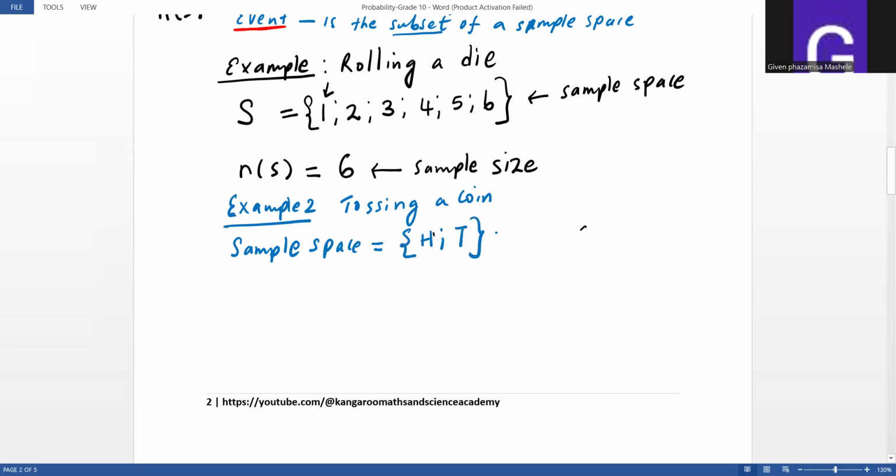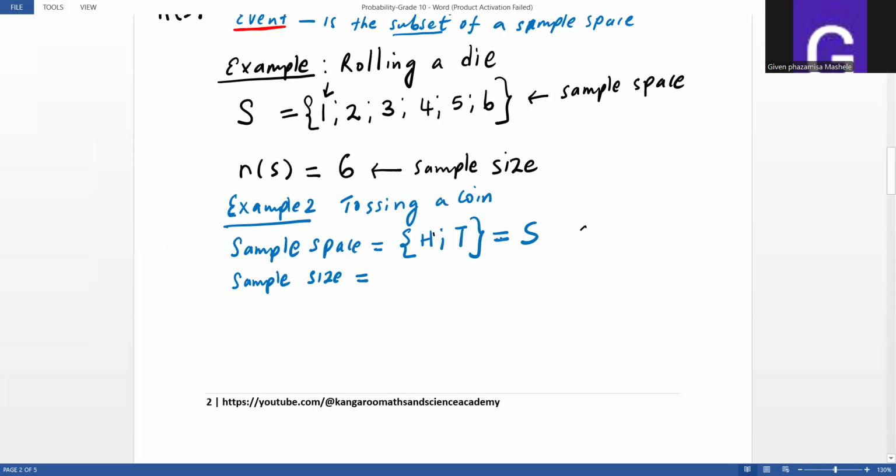And now, since this is the sample space, I apologize, then what will be the sample size? Sample size is the total number of observations or outcomes in a sample space.